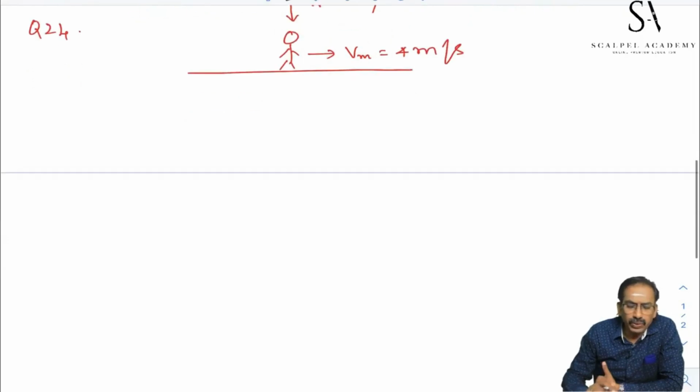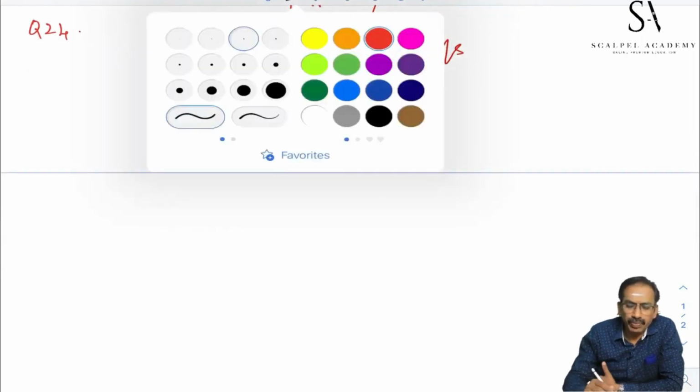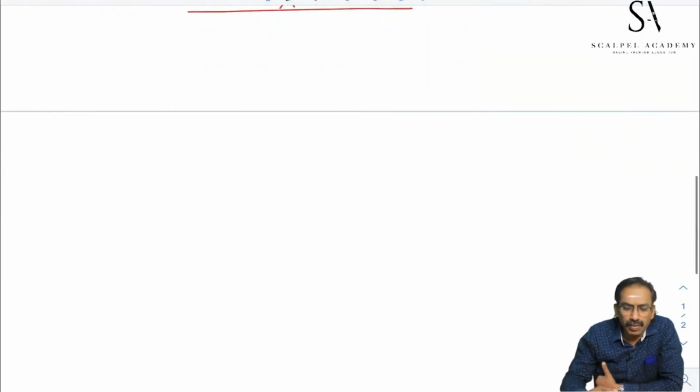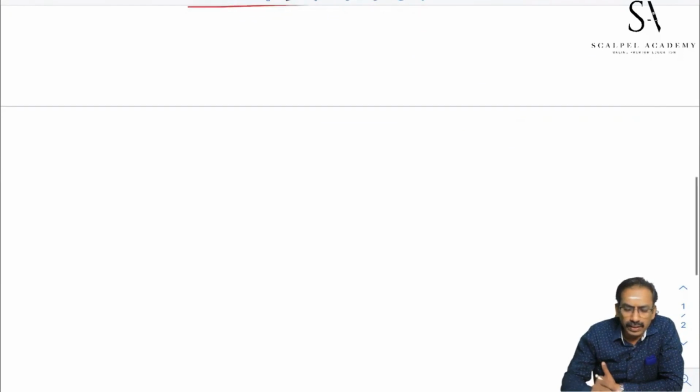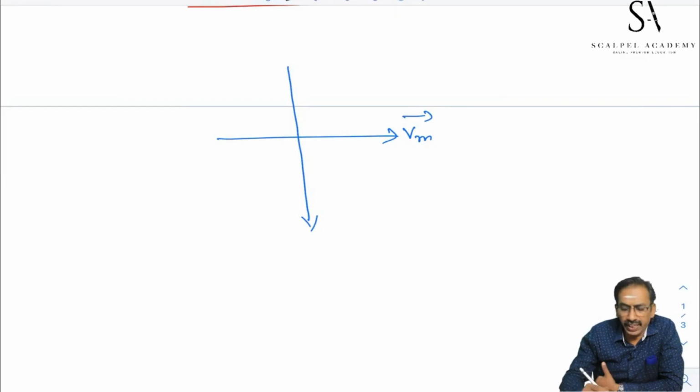Okay, student. This is the direction of velocity of the man. This is the direction of velocity of the rain, vertically downward.